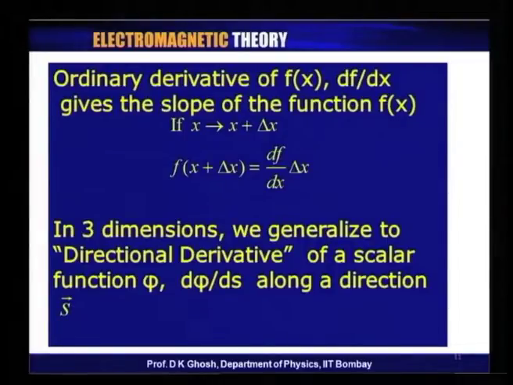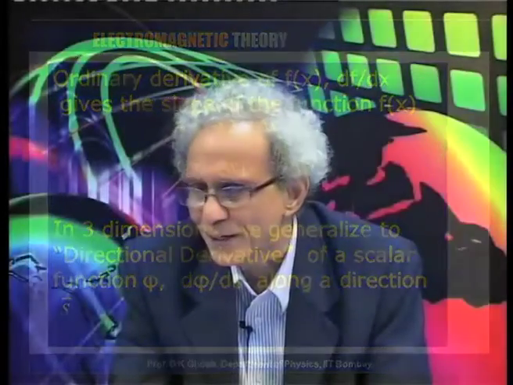Here I used h because that is the way we normally do it in school, and here I have used delta x instead of h. So, it tells me that the value of the function at x plus delta x is equal to f at x plus df by dx times delta x. Now, the question is this: this happens in one dimension, but what if I want to extend it to 2 or 3 dimensions?